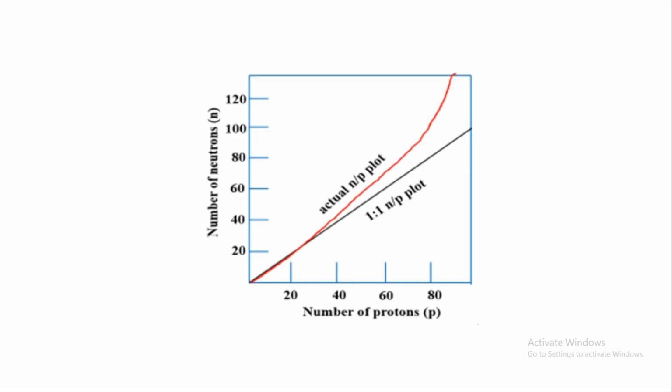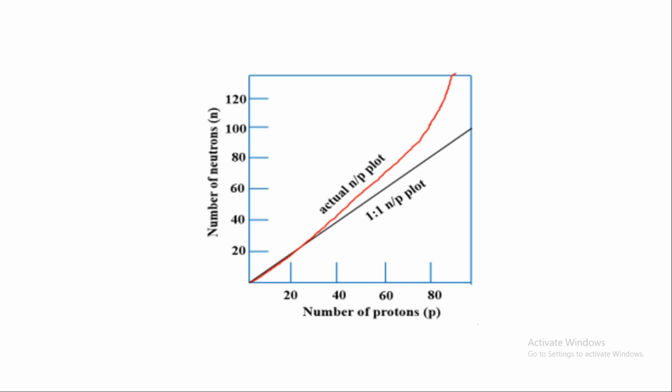If you see this plot, for the 1:1 line, where the number of neutrons is equal to the number of protons, the graph is a straight line. But actually, as the number of protons increases, the atomic number being equal to the number of protons, the number of neutrons is not equal to the number of protons, they start increasing further.